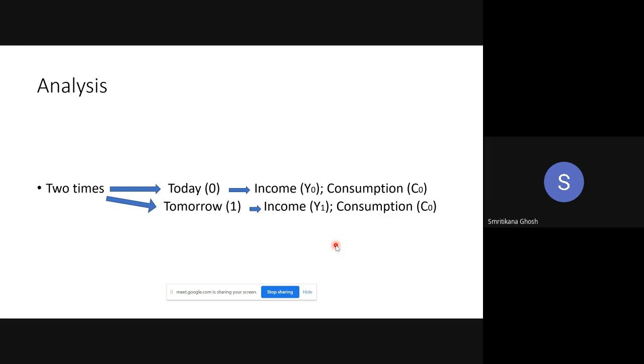But here, the saving is there. You can use your saving of today for tomorrow's consumption, or today you can borrow so that tomorrow you will repay. So today your income is Y naught, the consumption is C naught. Tomorrow your income will be Y1 and consumption will be C1.